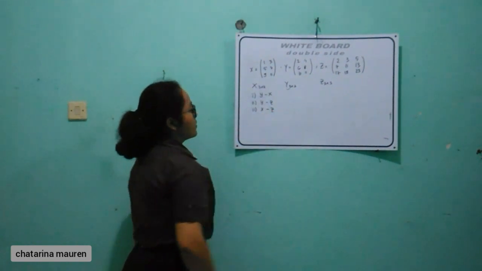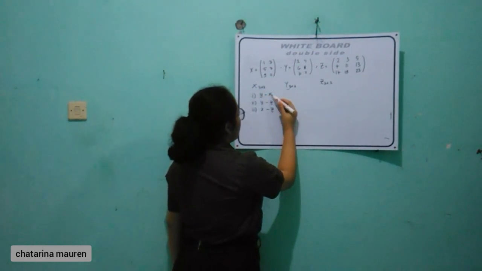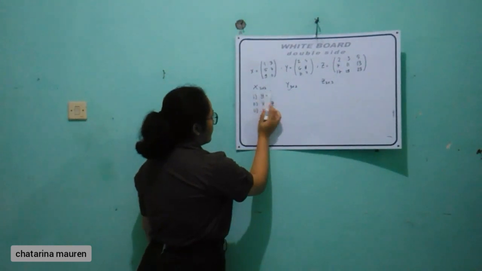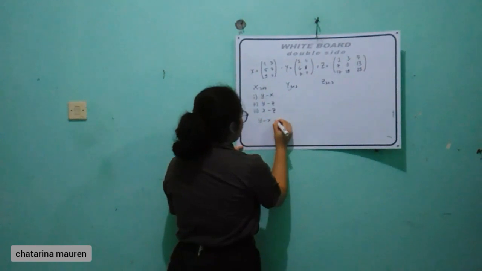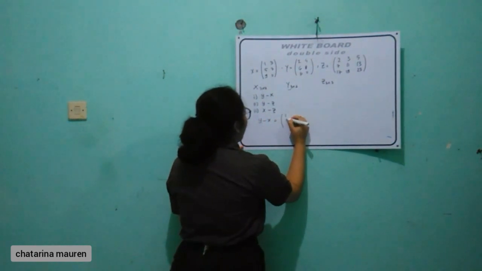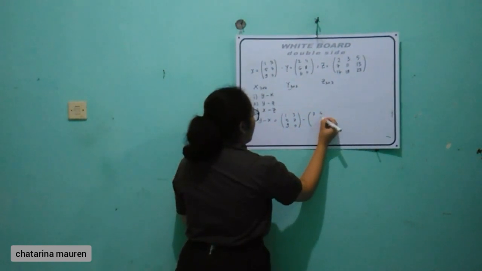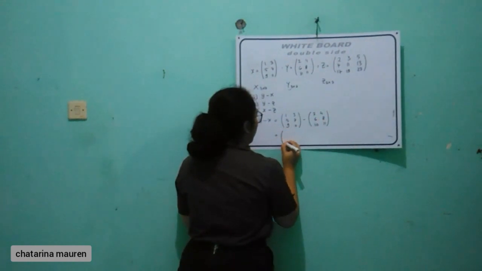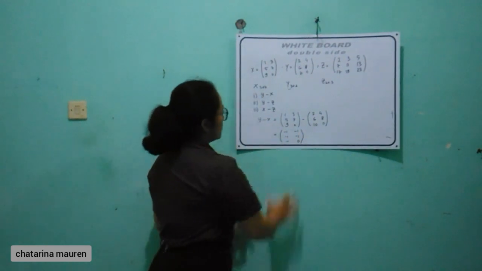From these subtractions, we can determine that the first, Y minus X, can be calculated since the orders of matrices X and Y are equal. So, Y minus X equals this matrix.